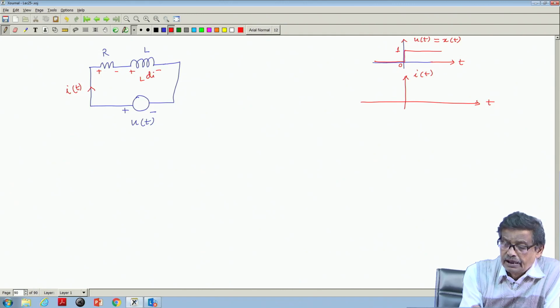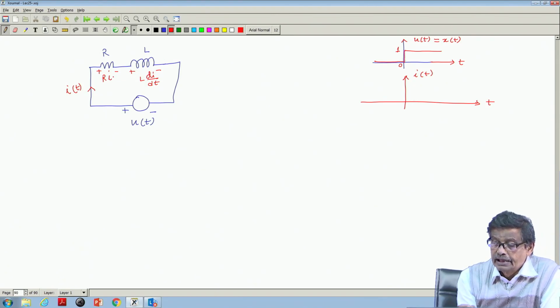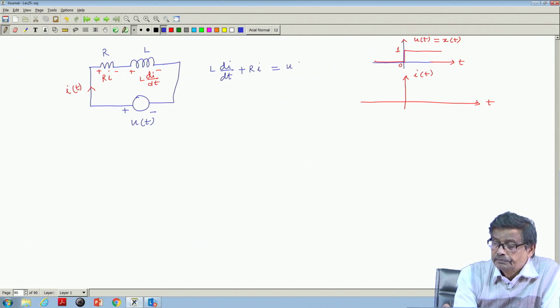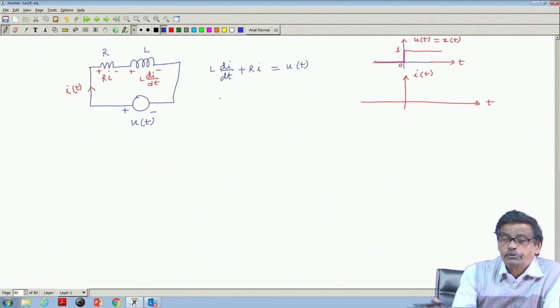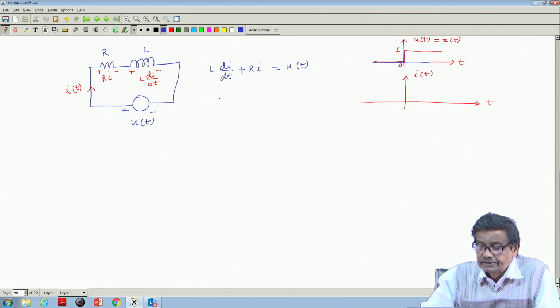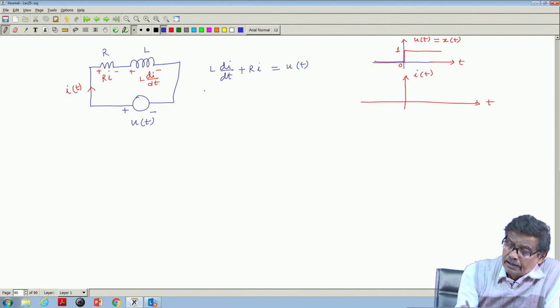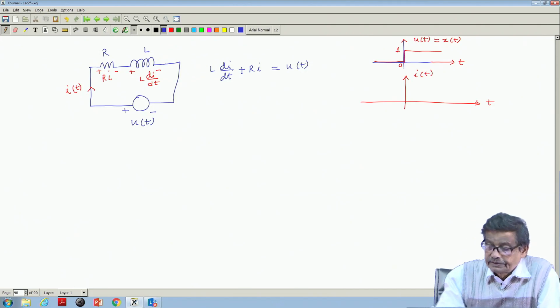and this we know L di/dt, and this we know R i with the assumed direction of the current. Then I will say the equation is L di/dt plus R i is equal to u(t). So, in the time domain the differential equation is like this. Then you can take Laplace transform of both the sides.